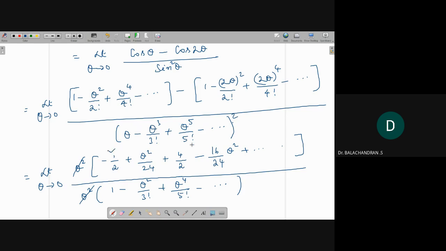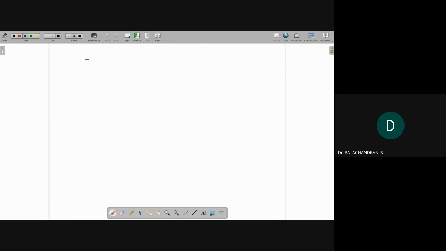Except these two terms and this term, everything remaining is 0 in the numerator as well as the denominator. So minus 1 by 2 plus 2, divided by 1. So the final answer is 3 by 2.